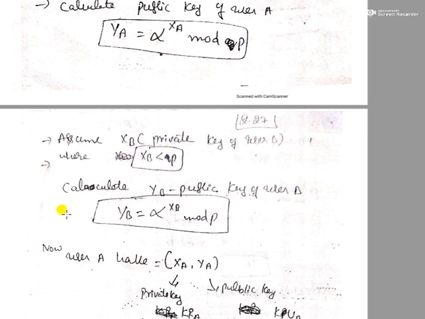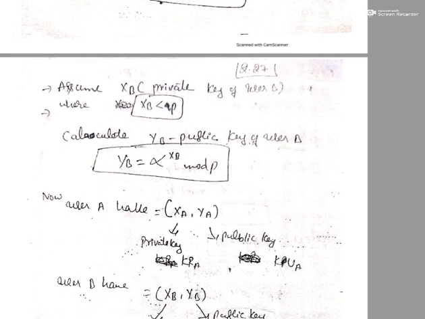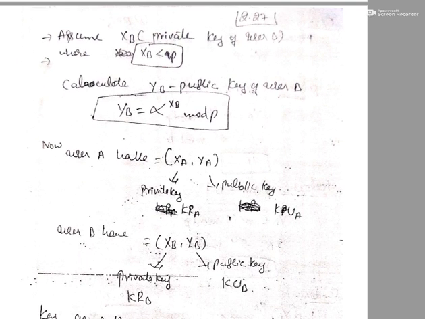YB is the public key. For calculating the public key of user B, again we have to use the private key of user B, with the same formula: alpha power XB mod p.